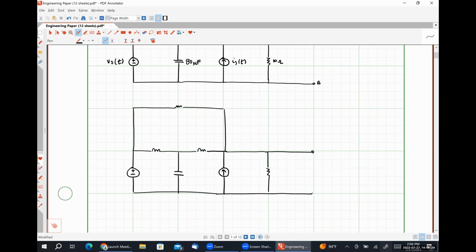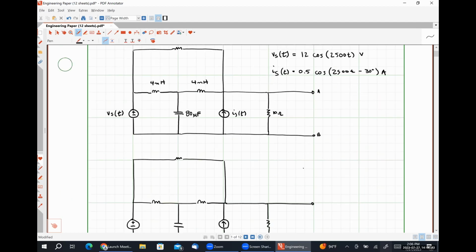All right, so let's start with our source voltage.